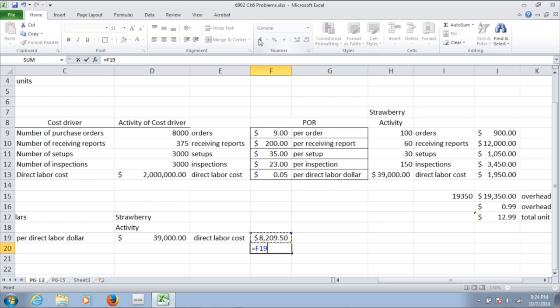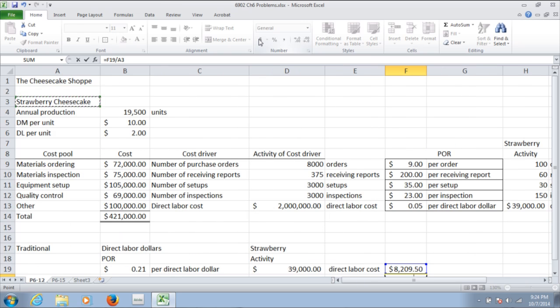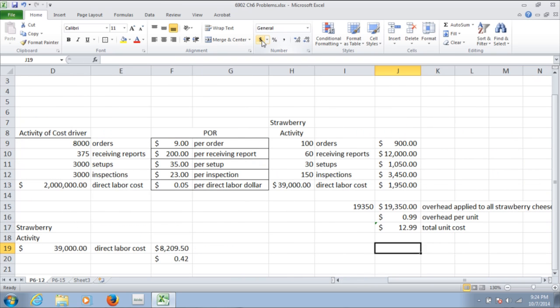We divide that number by the number of units we have, and this would be the same sort of heading here, overhead applied to all strawberry cheesecakes, and then this would be the overhead per unit.